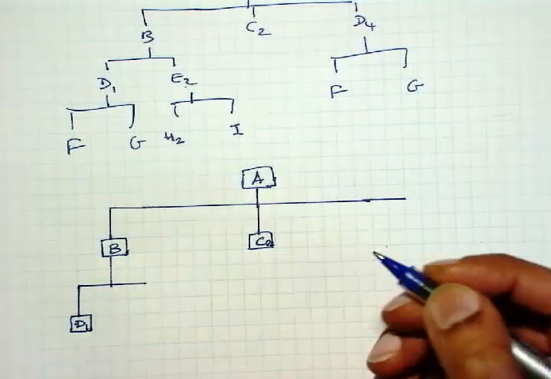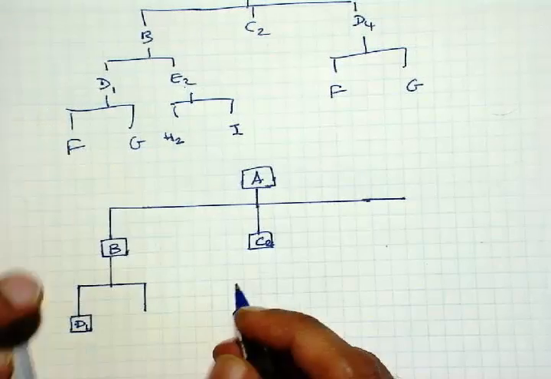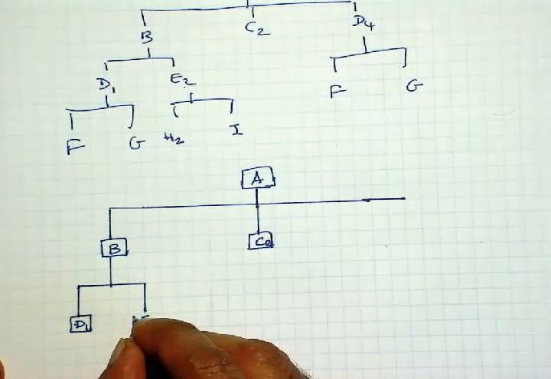And here, of course, C is, we need 2 of those. And here we have 2 of E is needed.